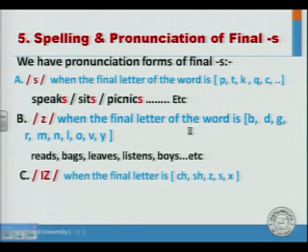We say reads, bags, leaves, listens, boys, not "boyss" but "boyz." Clear? I hope so. Okay.